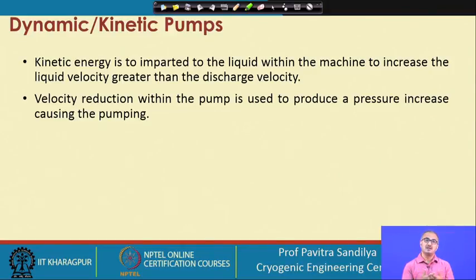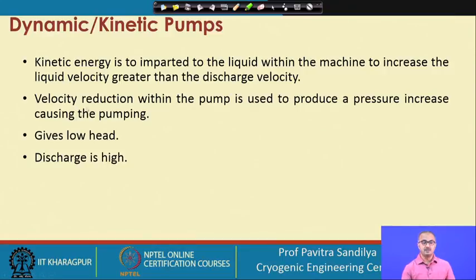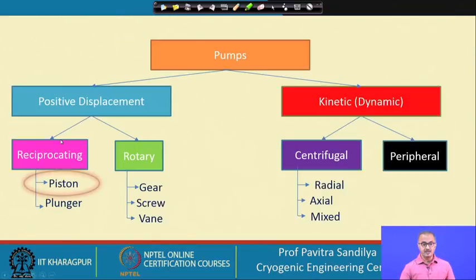We use that energy balance to first increase the velocity of the fluid more than the discharge velocity, and then reduce the velocity to recover the pressure, so that we can generate some pressure in the outgoing liquid. This kind of pump generally gives low head but high discharge.